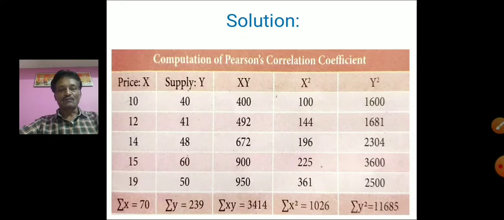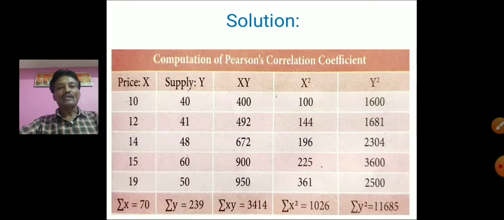The first column you take price, it should be denoted by X. And the second column you denote supply and it should be taken as Y. Then the third column XY, that means the product of price and supply value. Then the fourth column X square and the fifth column Y square. So the X values, that is the price, are 10, 12, 14, 15, 19 and the supply values are 40, 41, 48, 60 and 50.